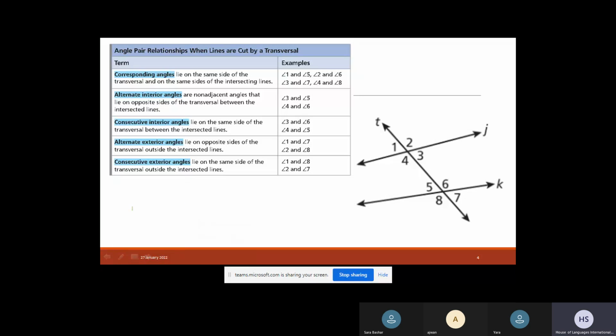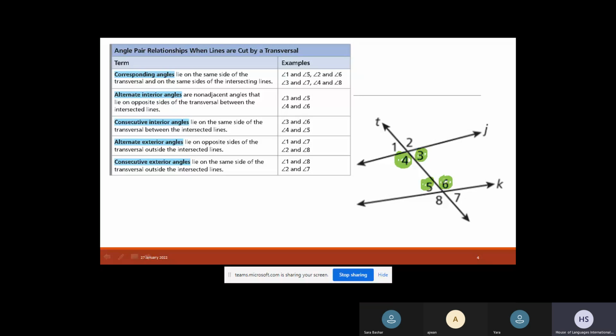Now I want to analyze the words. Alternate interior angles. So I'm going to talk about angles. They are where? Inside and on the opposite side. I'm talking about inside angles, I mean these angles: 4, 3, 5, 6. They are inside.